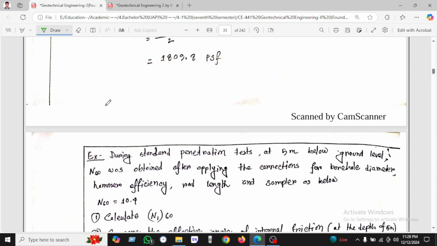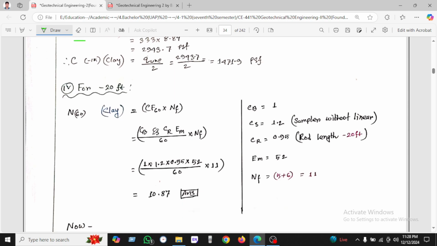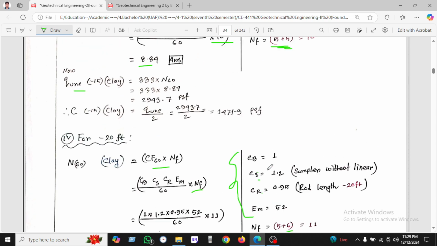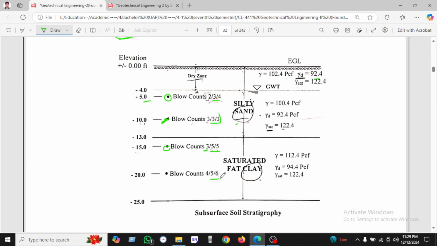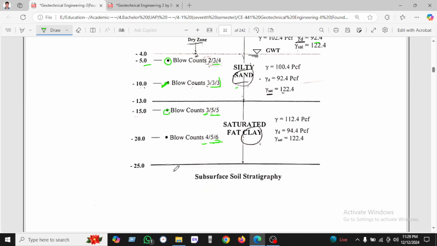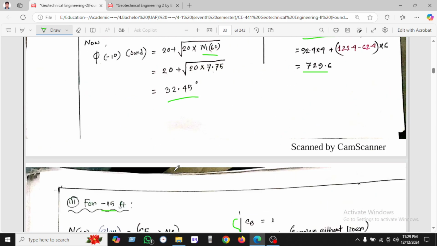And the last one we can see here is a clay at 60 feet, with CBSRM and NF. The CBSRM is given in the example sheet, and NF is 5.6. I will get 5 into 6. These are the last two blows, so it's 5 into 6, and the 4 we will not consider because the first blow is disturbed.